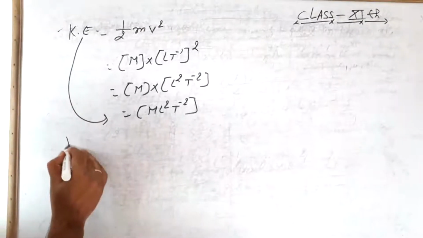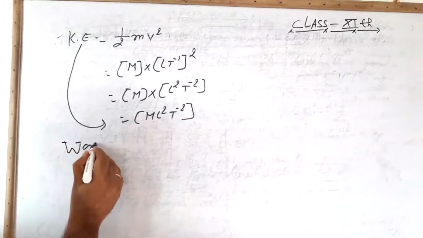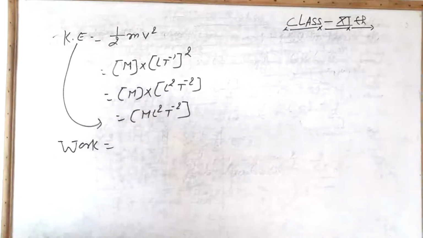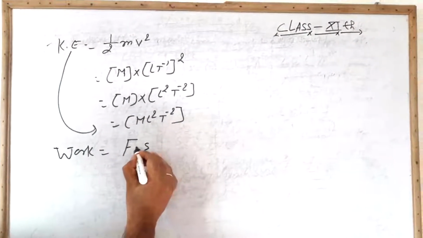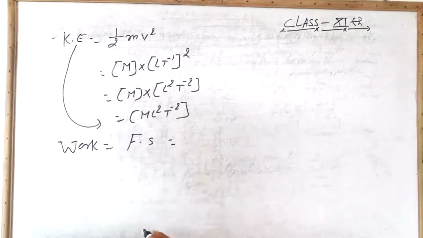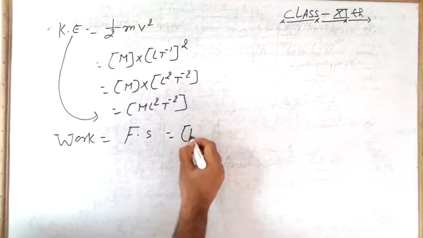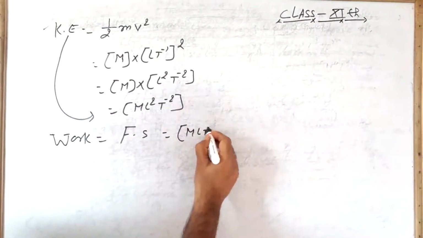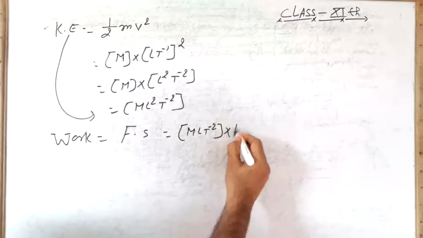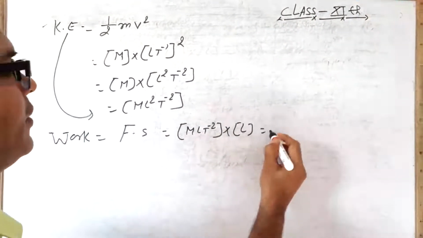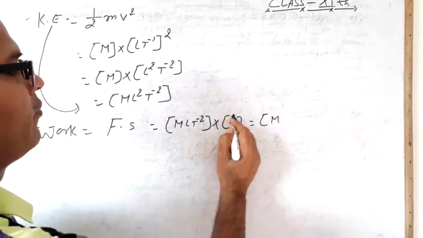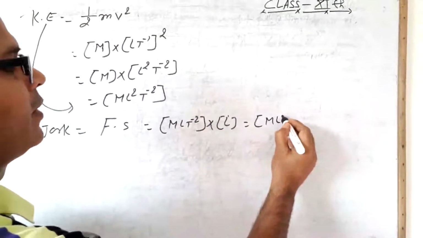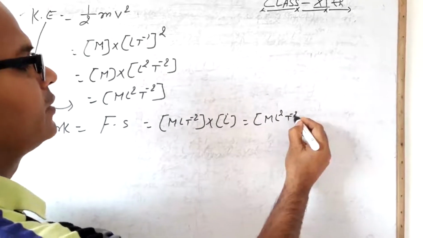Next, work. What is the formula of work? Force and displacement. You know the dimension of force is M L T inverse 2, and displacement is L. So this is M to the power 1, L to the power 2, T inverse 2.